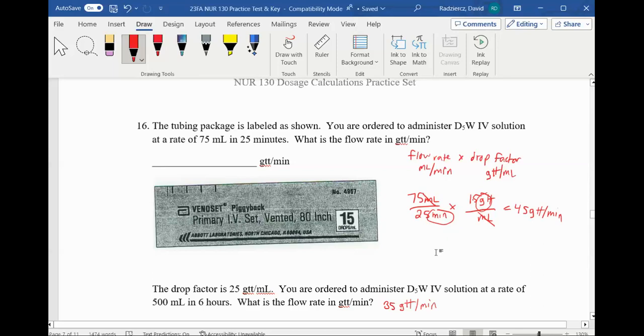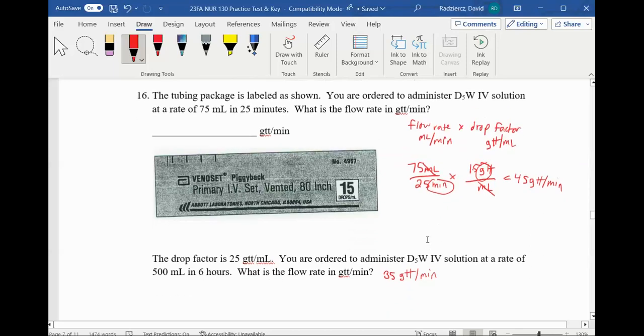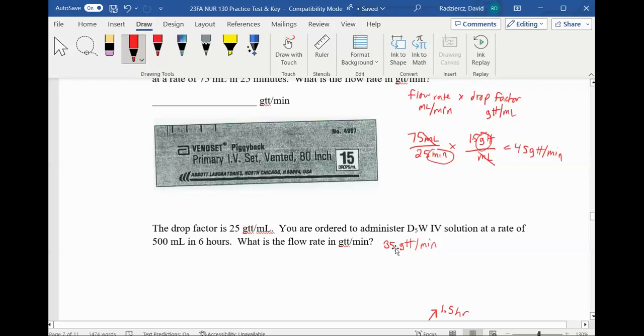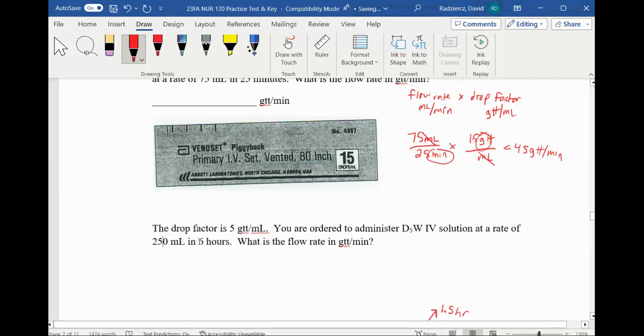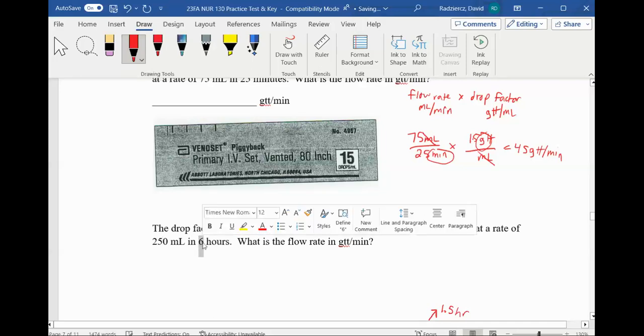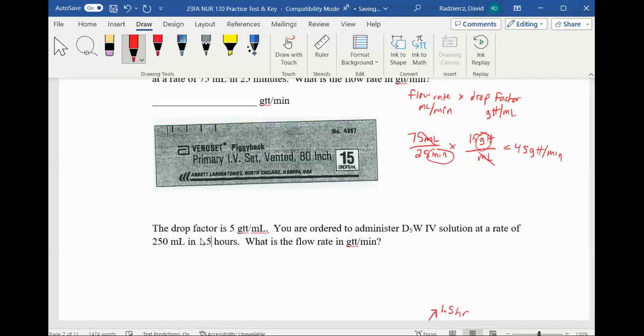Let's look at a separate example, and I'll change the variables and see if you can get the answer. So give me a second. Let me change these here. I'm going to make this a drop factor of 5. It's going to be 250 ml, and let's make it 1.5 hours.